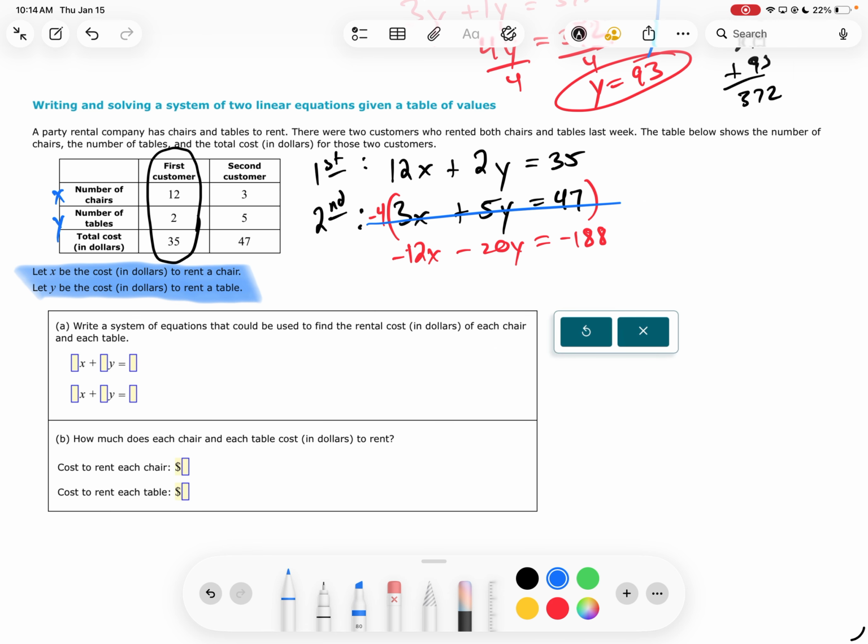Now we want to add up the first and the third one there. Just crossing that out just so I don't accidentally add it. 12x plus negative 12x cancels out. 2 plus negative 20 would be negative 18y. 35 minus 188 would be 153, negative 153.